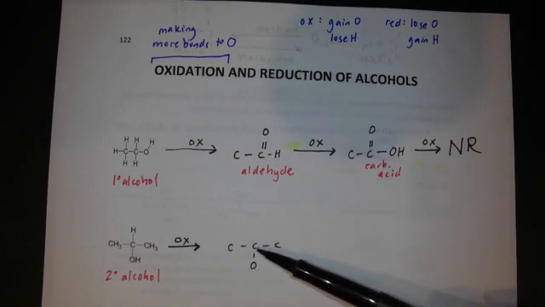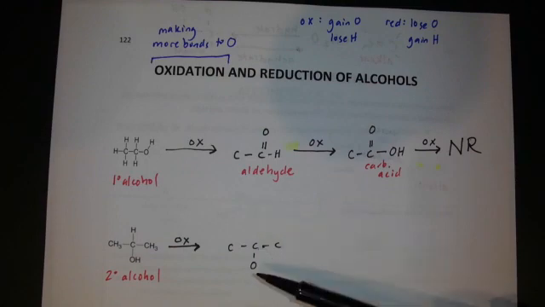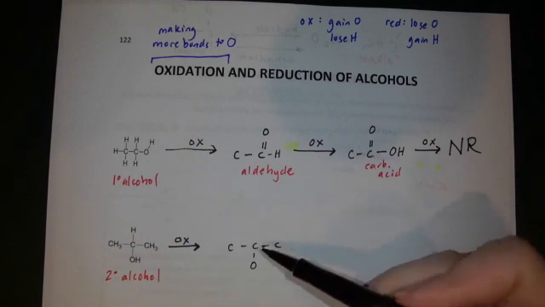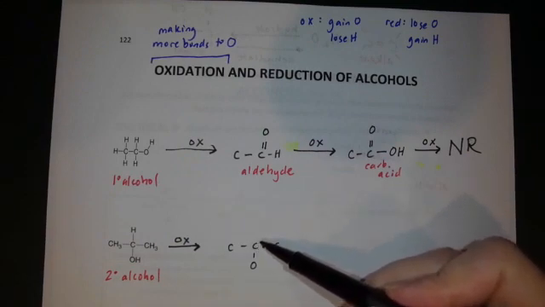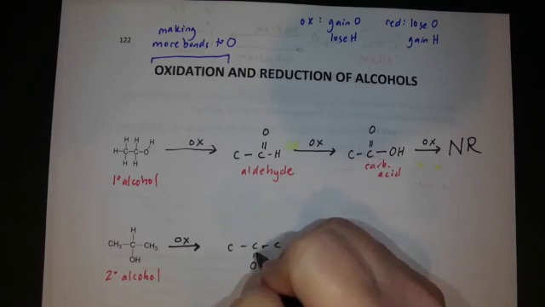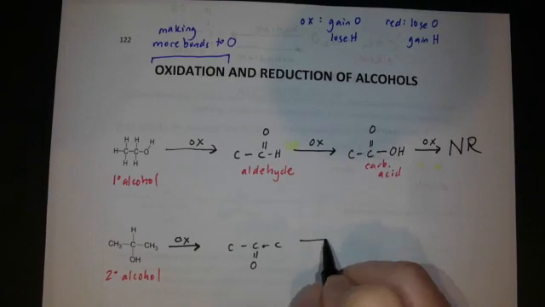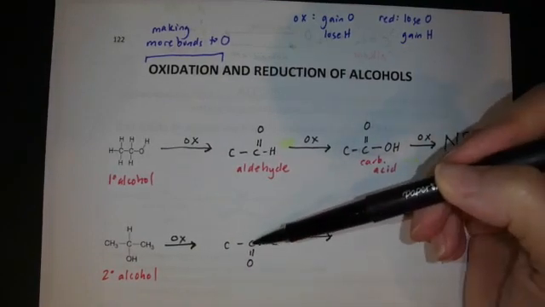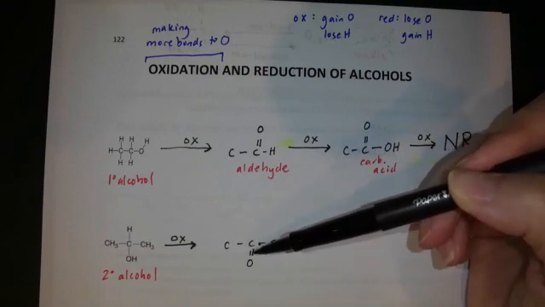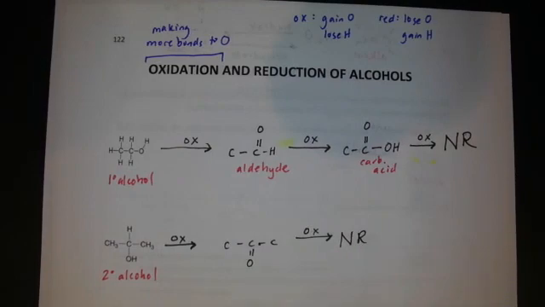The second step is to look at the carbon that already is making a bond to oxygen and see if there's room on that carbon for more bonds to O. This carbon has 1, 2, 3 bonds showing, so yes, there is room to make one more bond to oxygen. Could that keep going? Could that continue to get oxidized? That carbon is showing 1, 2, 3, 4 bonds, so no, it cannot continue to get oxidized.